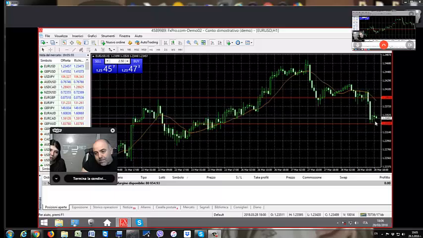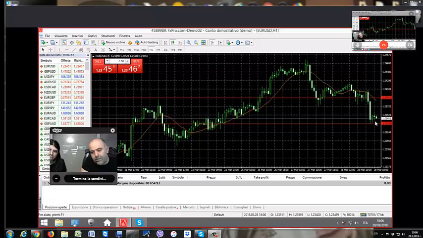This is very important, and this is the second reason why we have to control constantly. 30 minutes, do we have a trading range? No. So we take a look at 1 hour. Do we have a trading range on 1 hour? Nope.